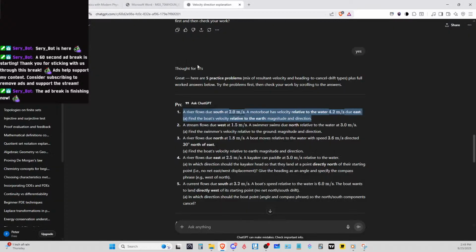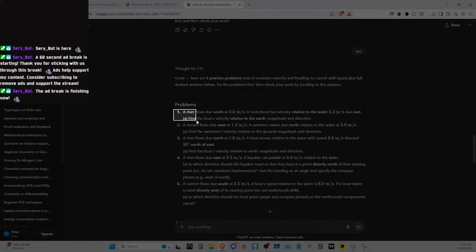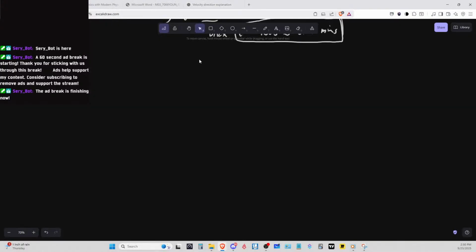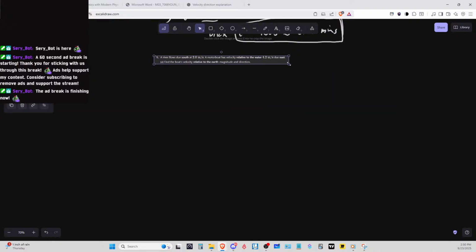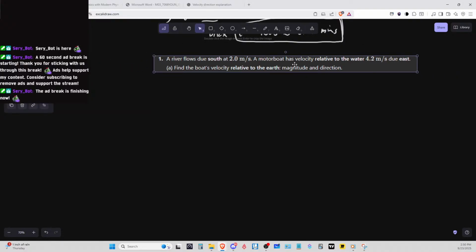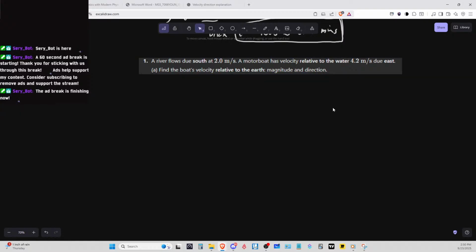Cut that. I think we can do it like this, like we always do it. Okay, so let's practice these problems so that we can get a better idea of what we need to do.